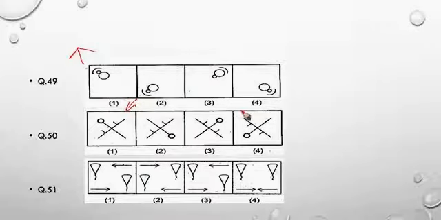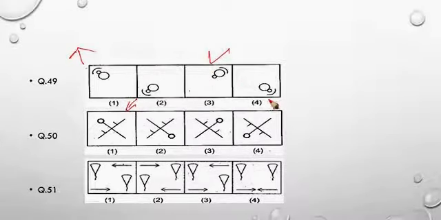In case of problem figure 3, although those three designs are there, the sequence of the designs is different. In the first and second problem figures, the big circle comes first, but here the small circle is coming first. So the sequence is changed in case of problem figure 3.